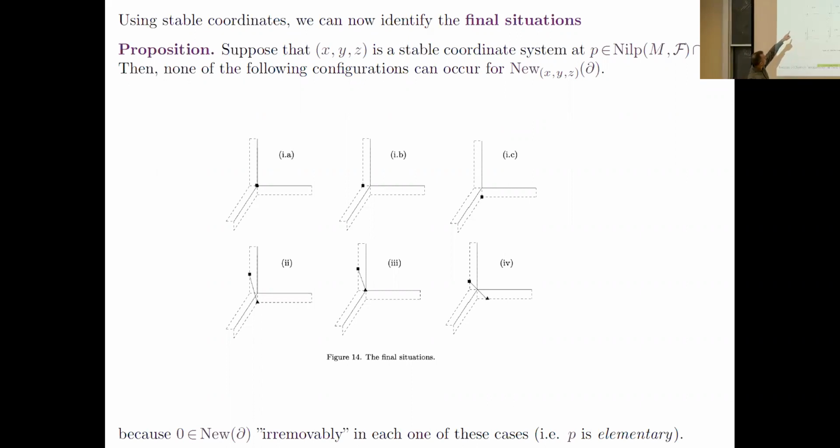But moreover, since we start with a stable coordinate system, if you make any changes of coordinates in these configurations, because of the stability, you will always keep the origin inside the polyhedron. So I mean that they necessarily correspond to cases where the 0 is inside the Newton polyhedron, and consequently, that the point is elementary. So these are the situations that we want to achieve by our procedure.